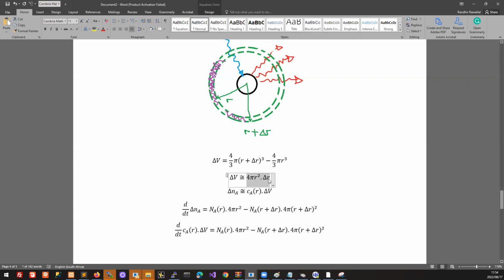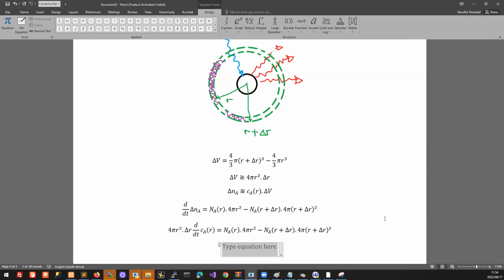So we can take this out as a constant in time. So we can write this here as 4 pi r squared delta R. So that's what we can write on the left-hand side. On the right-hand side, it's still a bit unfriendly because we don't know how to deal with these NAs.